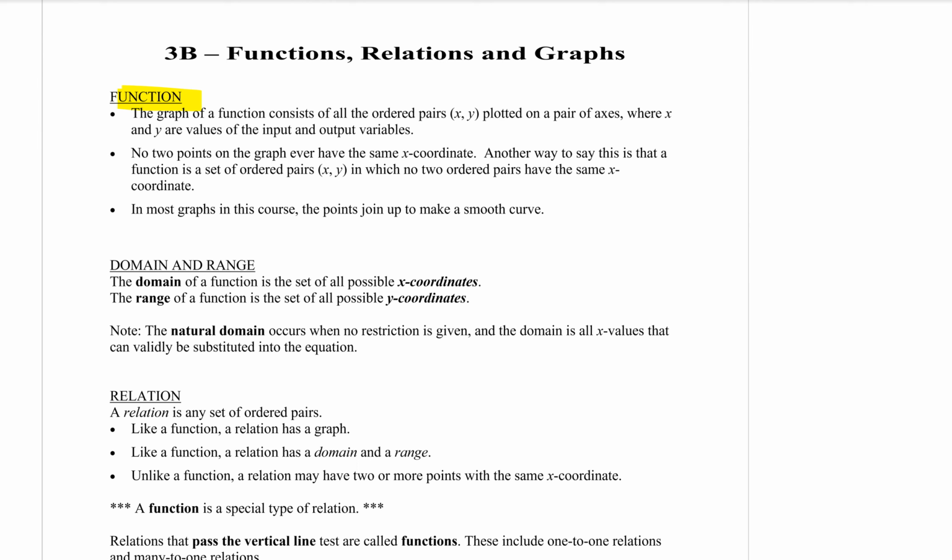They are all functions. However, it does say the word most, because there are some graphs that will have a broken section, which we call a discontinuous point. And they can still be functions as long as there is only one y value for every x value. I'm going to show you one of those in the examples, okay?